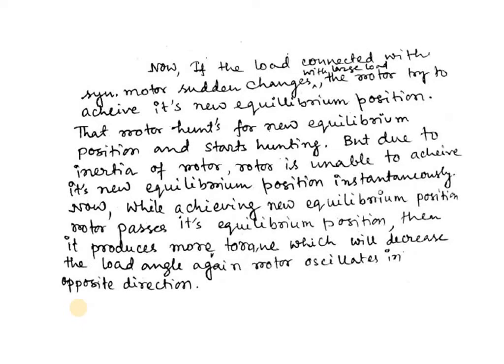But due to the inertia of the rotor, it is unable to achieve its new equilibrium position instantaneously. Now, while achieving the new equilibrium position, the rotor passes its equilibrium position, then it produces more torque which will decrease the load angle. Again, the rotor oscillates in the opposite direction.